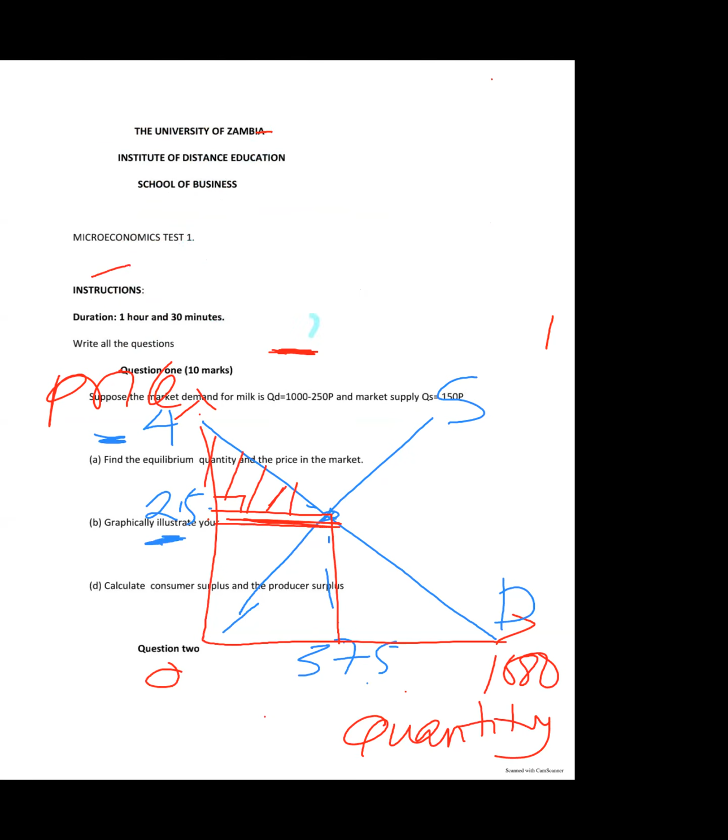The producer surplus is depicted by this area that is bound by the vertical axis, and it is above the supply curve. This area is above the supply curve, but it is below the equilibrium price.